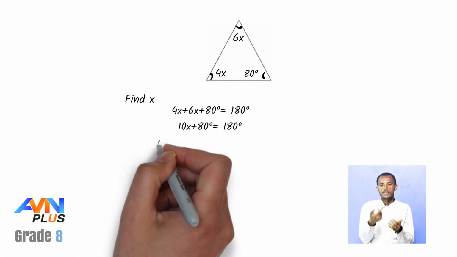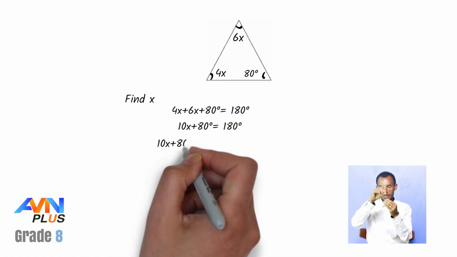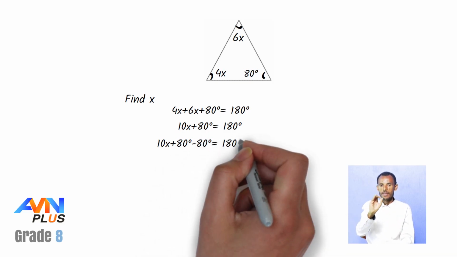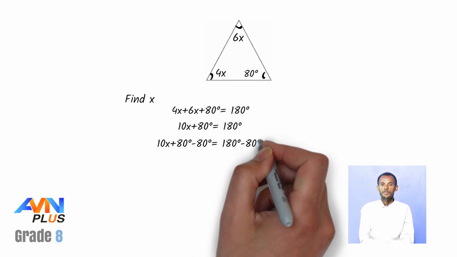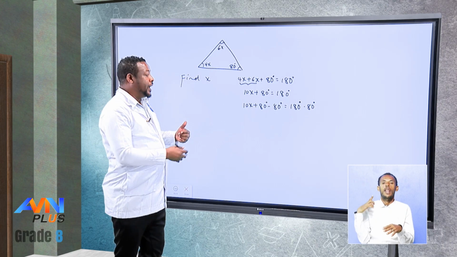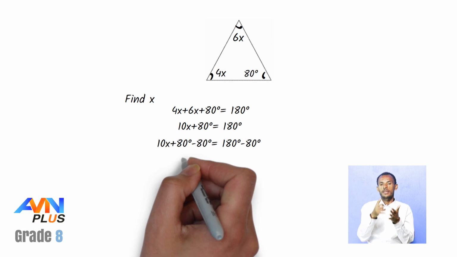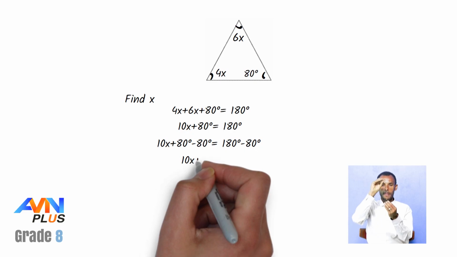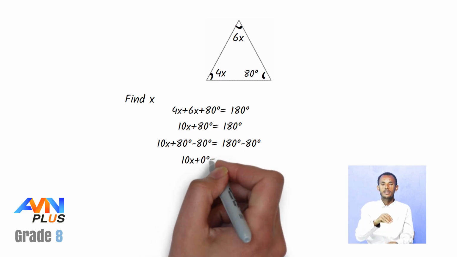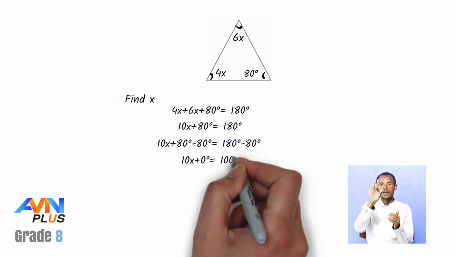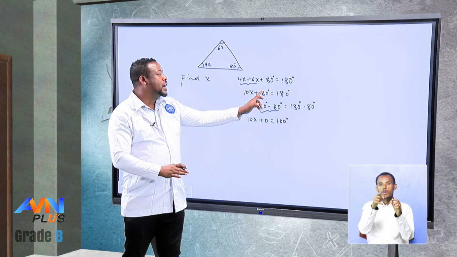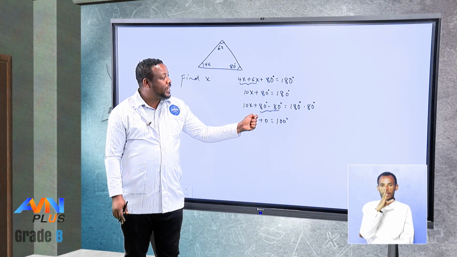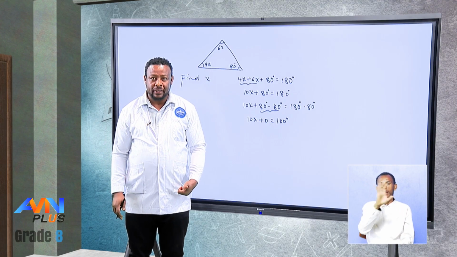So this gives us 10x plus 80 degrees minus 80 degrees is equal to 180 degrees minus 80 degrees, right? Now, on the left side, it remains 10x, because 10x plus 0 is equal to 100 degrees, right? Or you can simply transfer this to the right side, then 10x becomes 100 degrees, right?